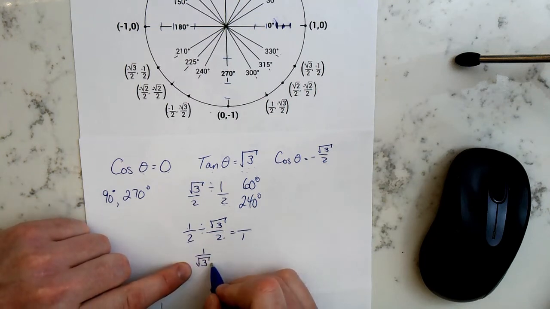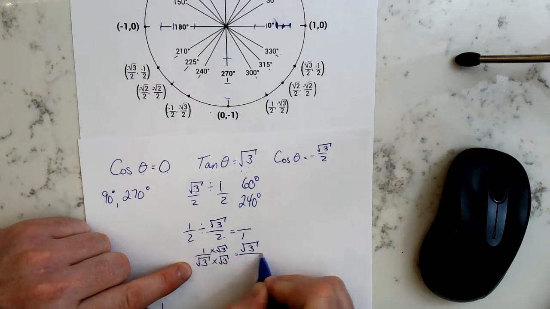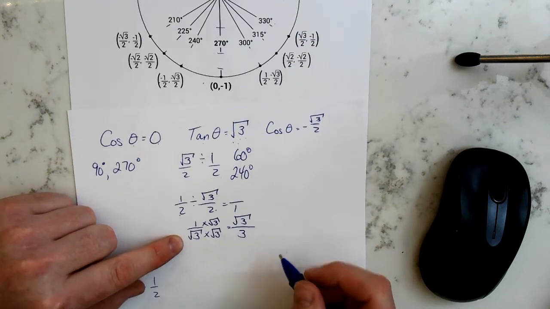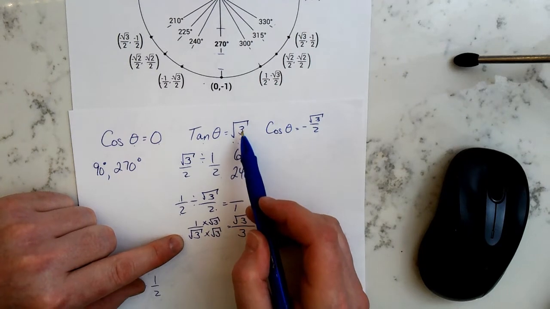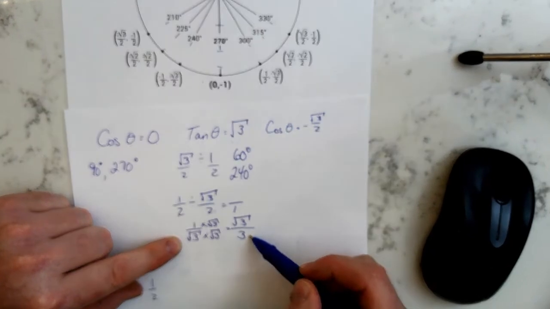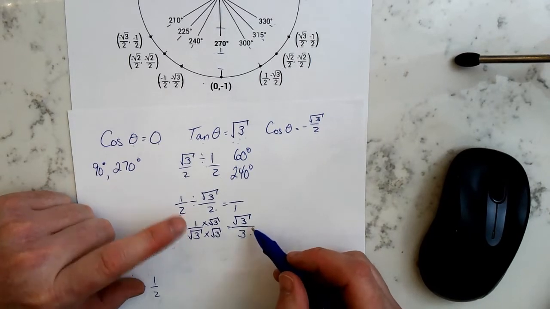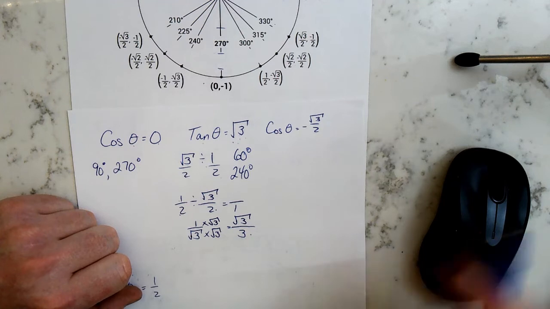We're not allowed a radical on bottom, so I'm going to multiply both top and bottom by root 3. And this one's much harder to spot because it's not the same numbers. The first one, we're just looking for root 3 divided by 1. Nice and easy. This one, we're actually looking for 1 divided by root 3. Harder to spot.